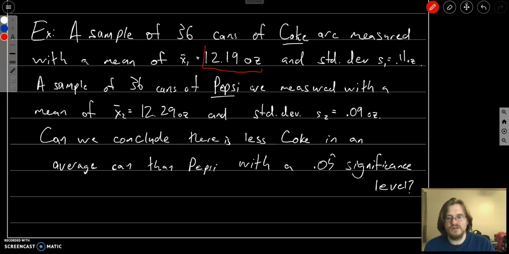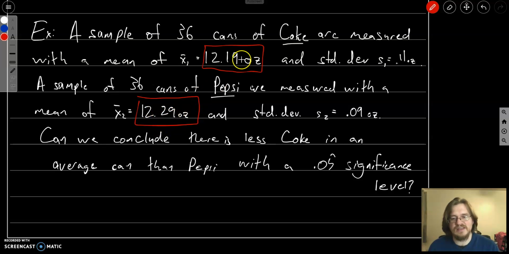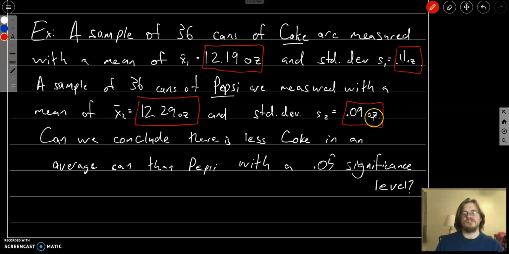So for the Coke, there was a mean of 12.19 ounces, and for the Pepsi, there was a mean of 12.29. So this might suggest that there's a little bit more Pepsi in these cans than there is Coke. We also need the standard deviations, 0.11 and 0.09, to be able to do our hypothesis testing.